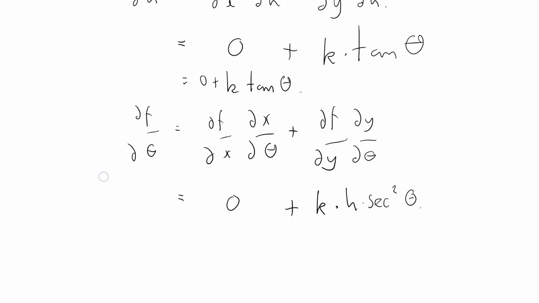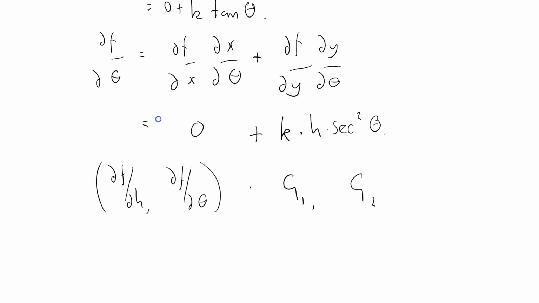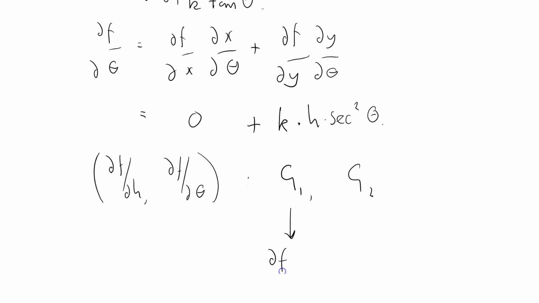Okay, so the gradient, which is ∂f/∂h, ∂f/∂θ, or I could write that as g for a gradient, g1 and g2, where g1 is equal by definition to ∂f/∂h, and g2 by definition is ∂f/∂θ.